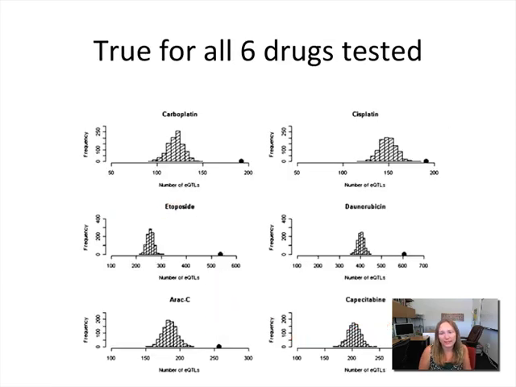They did this for all 6 of the drugs that they tested. So carboplatin, which I just showed you, is here. Cisplatin, which is another platinum-based agent, is out here. And the other ones show basically the same thing.